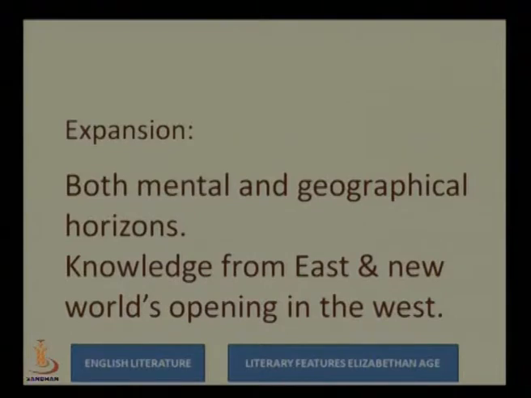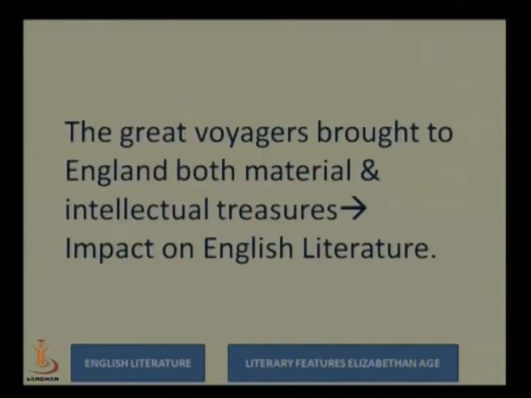There was knowledge that was coming in from all sides, the east, and the new world was opening in the west. The voyagers who had moved into England brought with them a lot of material. They were intellectual treasures, and these things did have an impact on English literature.